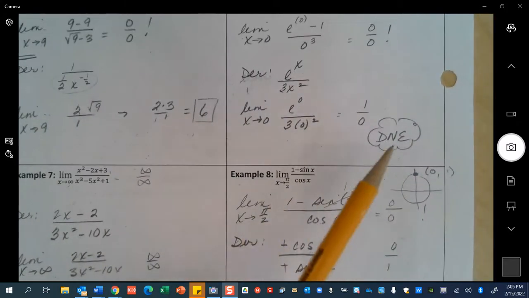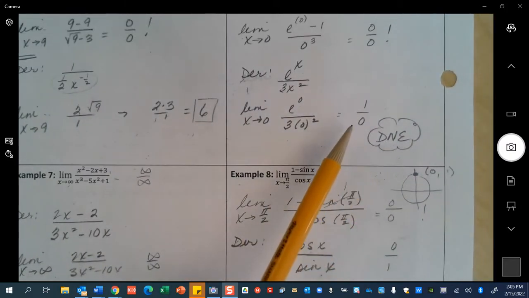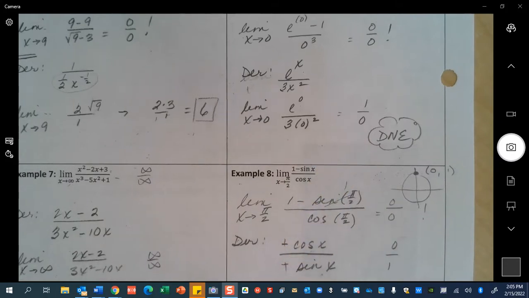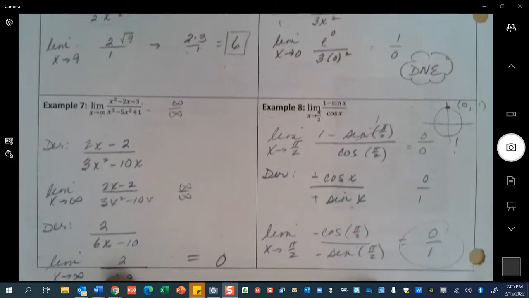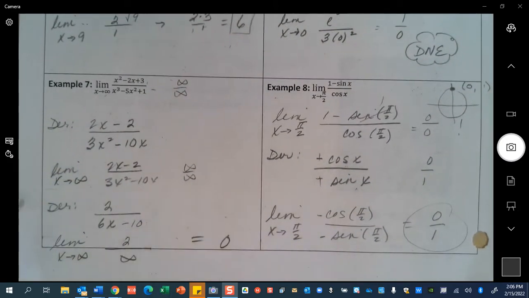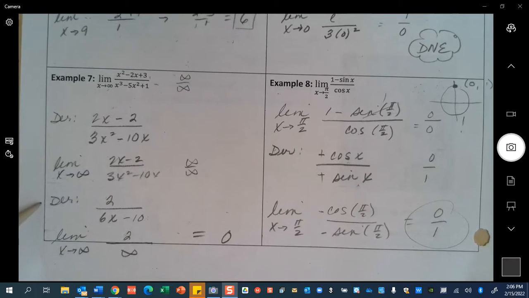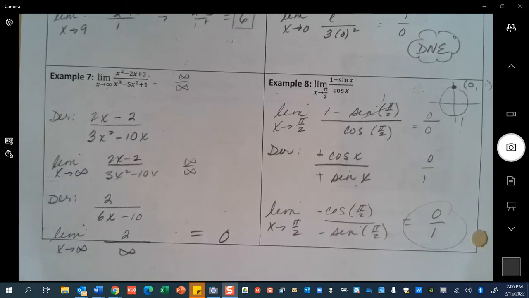Having 0 in my numerator or 0 in my denominator, that's not okay. And if you end up getting an indeterminate form, you can go ahead and continue taking the derivative more than once. Sound okay? All right.